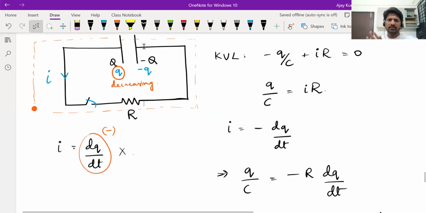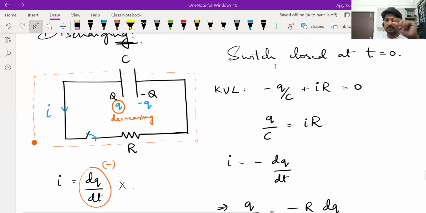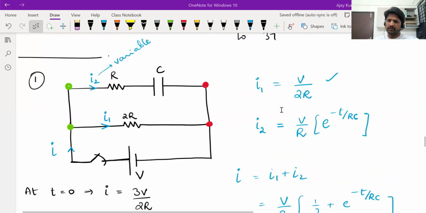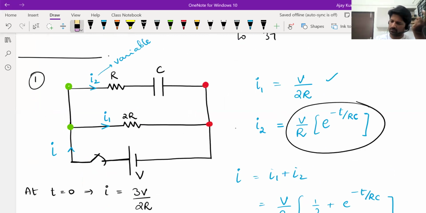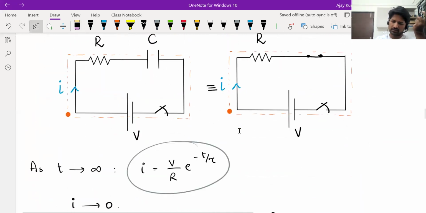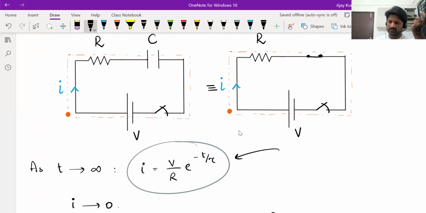The only thing you need to be careful about while solving questions based on all these is the resistance they use, because students in a hurry tend to use the equation that they have learned. Let's go to the derivation that we did here. We got current as I is equal to V by R e power minus t by tau, the charging equation.